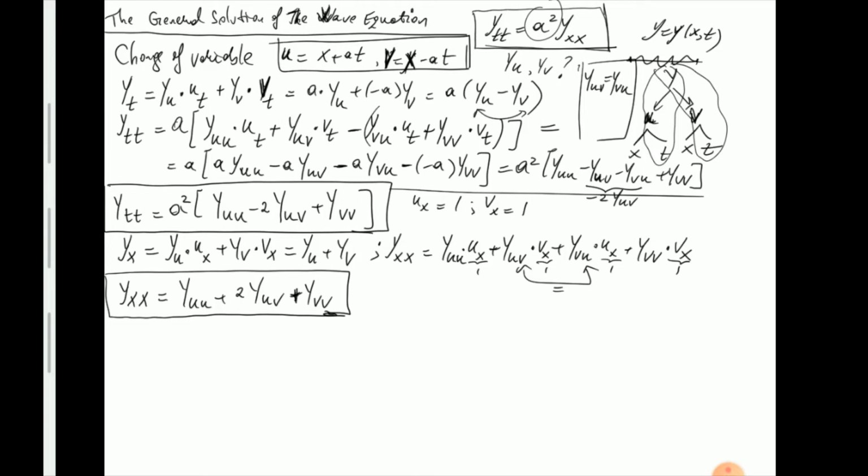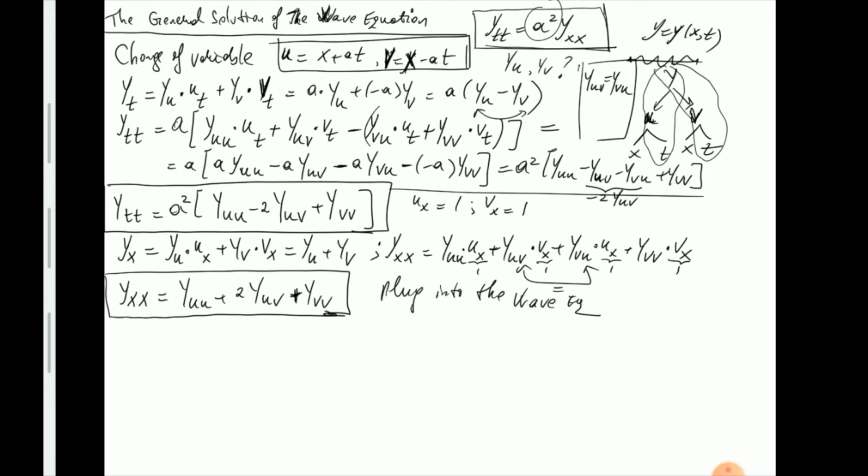Okay, so then what does the PDE become if we replace ytt, yxx with this equivalent expression in terms of u and v? Well, we're going to have some nice cancellations, as you'll see immediately. So on the left side of the equation, so now let's plug into the wave equation.